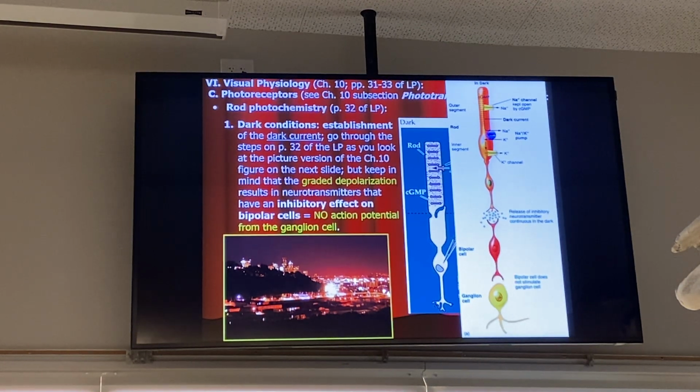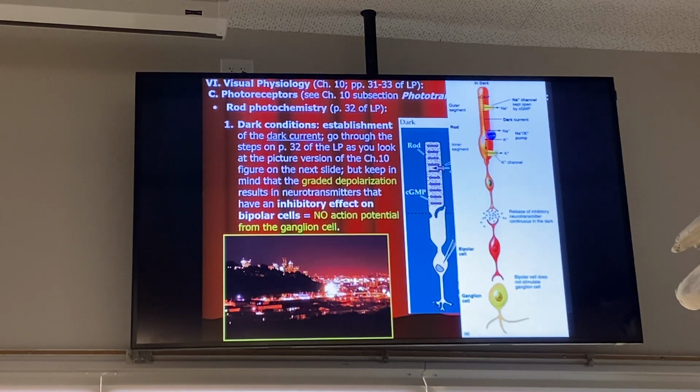Okay? Now we've got to remember, point 1, rods only do graded potentials only. It releases neurotransmitters based on the degree of depolarization. 0 is depolarized. Okay? So what does that mean? That means it is going to really release a ton of glutamate.